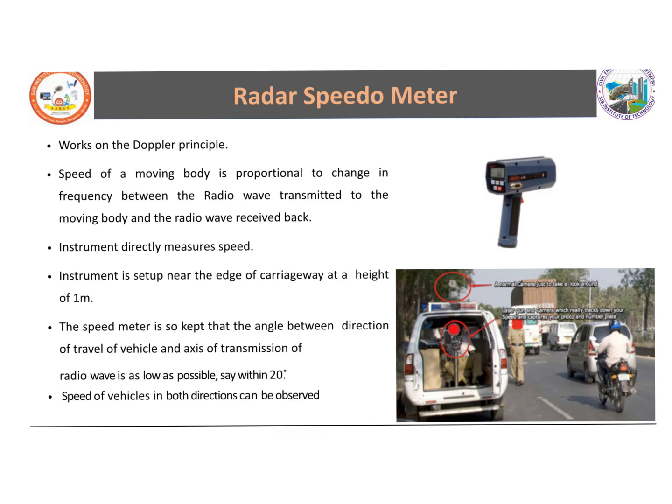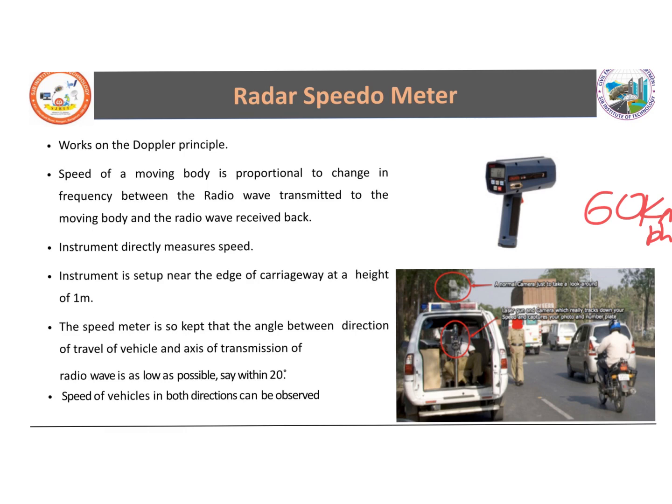If any vehicle comes, it will send signals and record the speed of the vehicle in front of it. If for any particular road the speed limit is 60 kmph, and the radar speedometer shows more than 60 kmph, the policeman will immediately stop the vehicle and it can be subjected to fines.